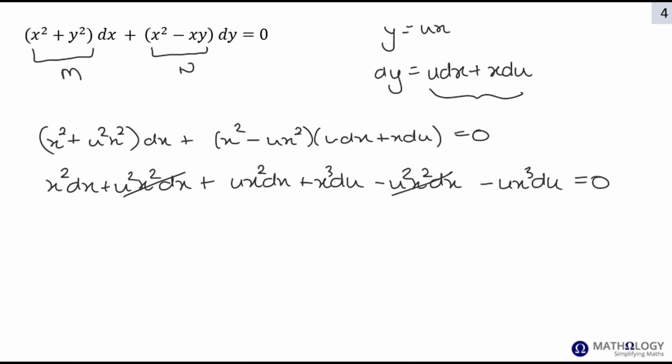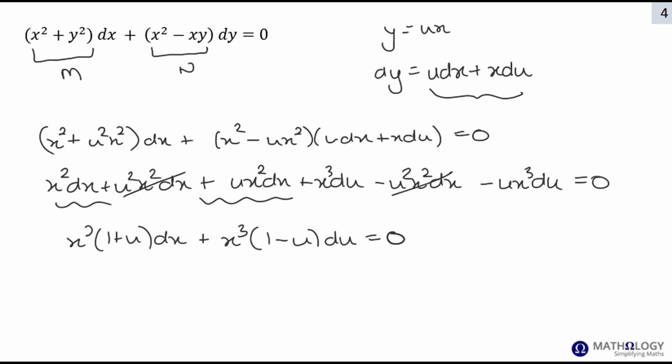And then we can bring the dx's together and the du's together. So we'll have x squared times 1 plus u times dx. So that'll be that term grouped with, factorized with that term, plus x cubed times 1 minus u du equals 0.